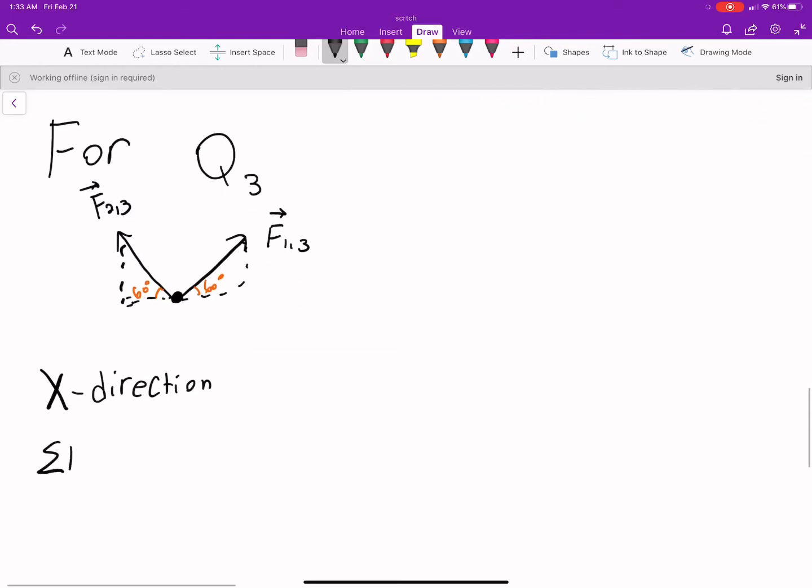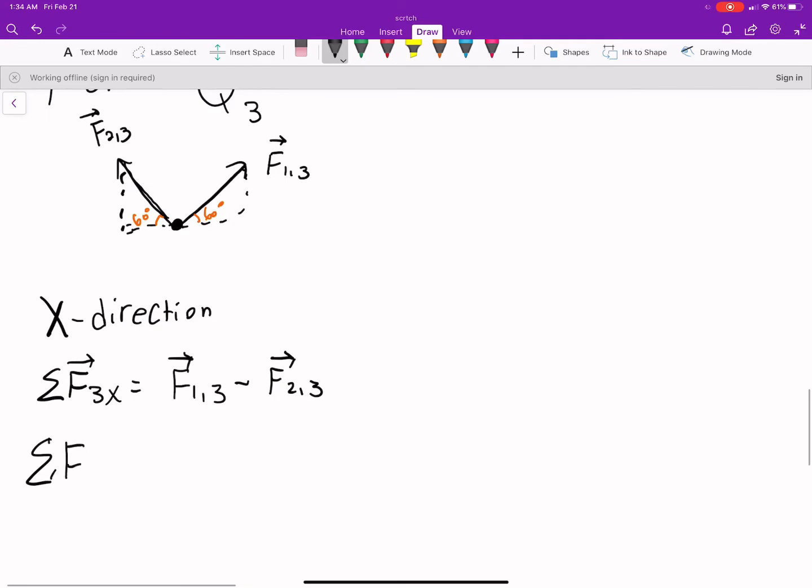So the sum of forces for 3 in the x direction is going to be the force exerted by 1 onto 3 plus the force exerted by 2 onto 3. Now 1 will be positive, 2 will be negative because of the direction it's going. It's shooting off this way.